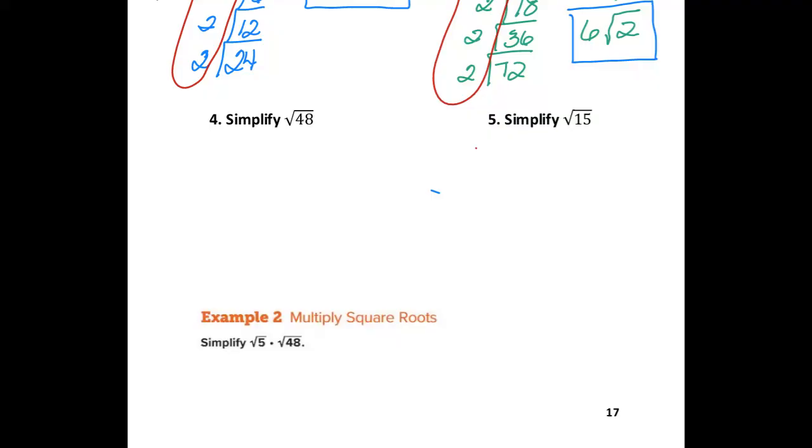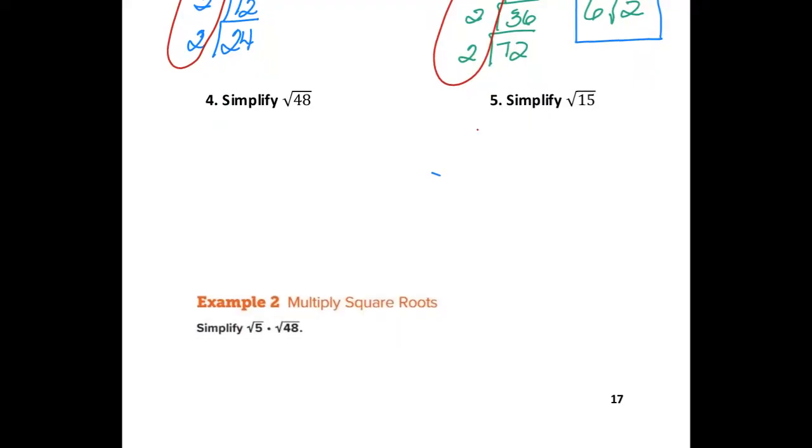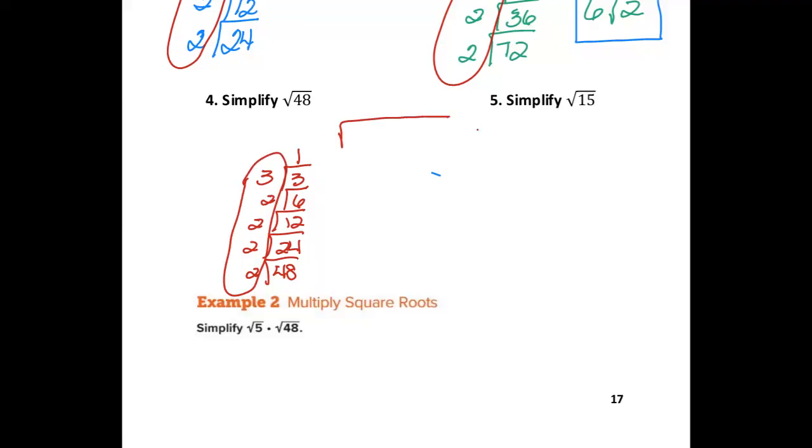All right. So I'll go ahead and get this started. 48, this is a long one because it is even and it keeps being divisible by 2. So we divide by 2 every time for a long time. 6 divided by 2 is 3. Can't stop there. You don't have the candle at the top. 3 divided by 3 is 1. These are all your prime factors that go underneath.